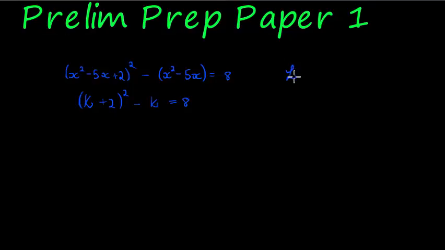So you could just say for your examiner, let x squared minus 5x equal to k. That just helps us to know what you are doing, but most examiners will know.